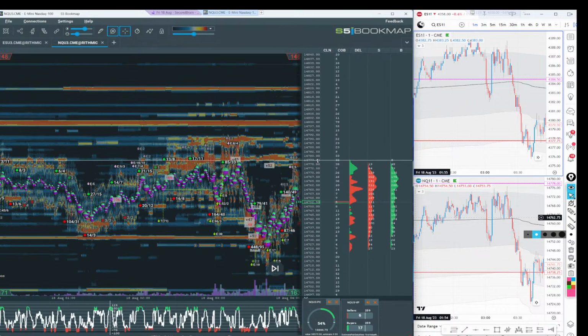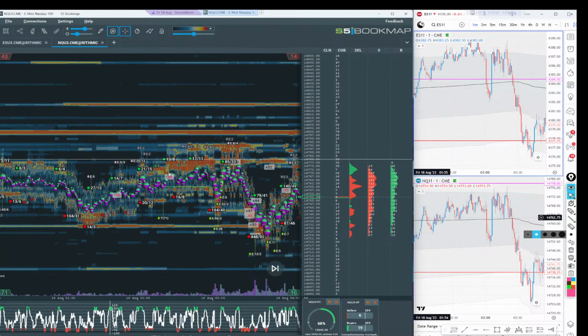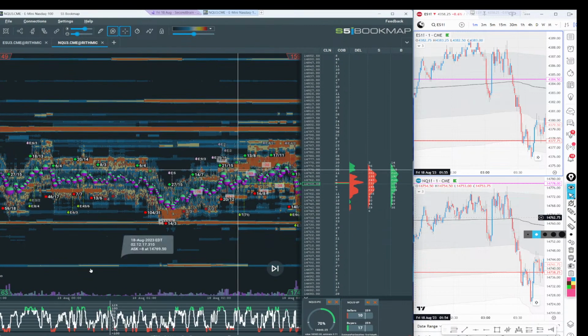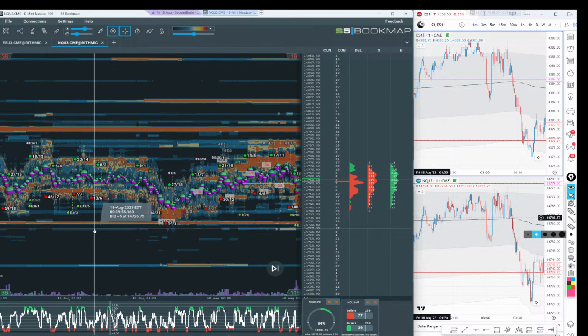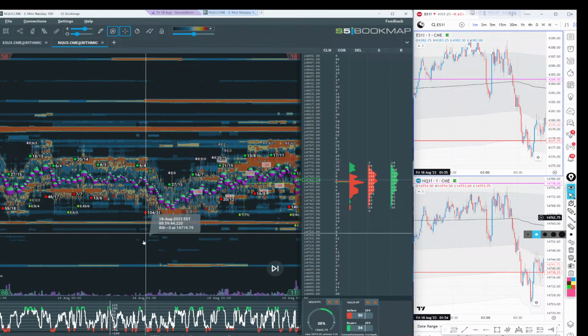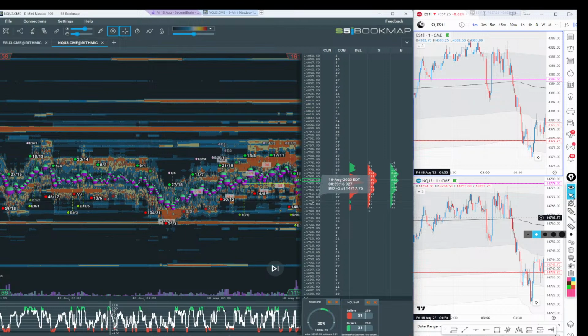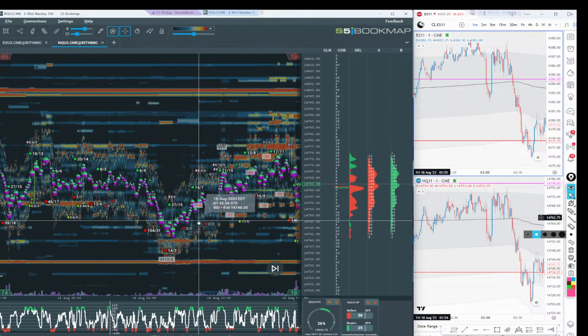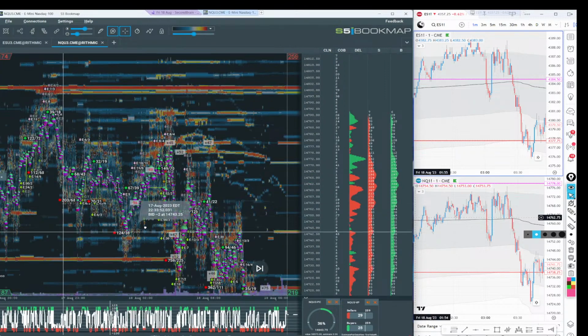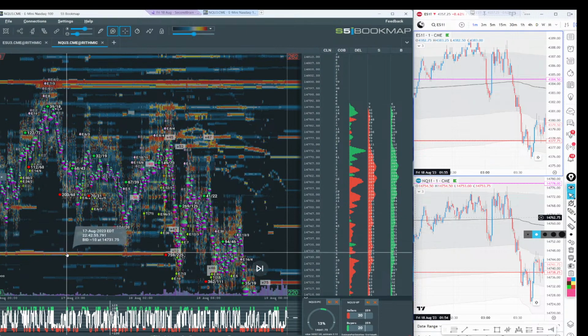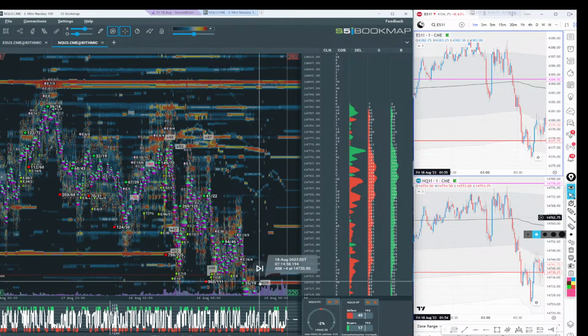We zoom back out again. The most significant liquidity of either market was this NQ liquidity, which was at 14,731-ish, and it's been around since I rebooted my PC. So it had definitely been around very early in the Asian session.